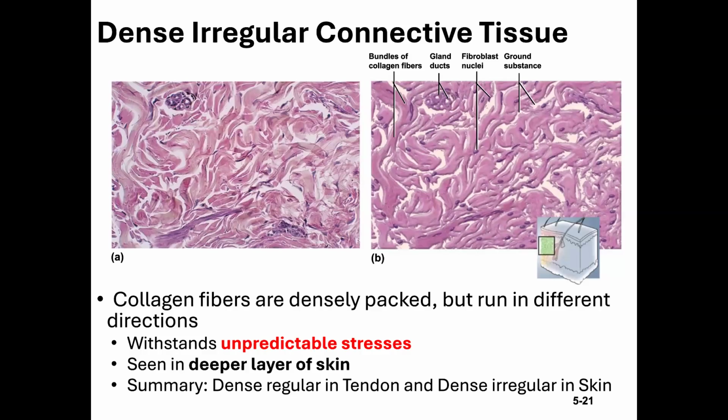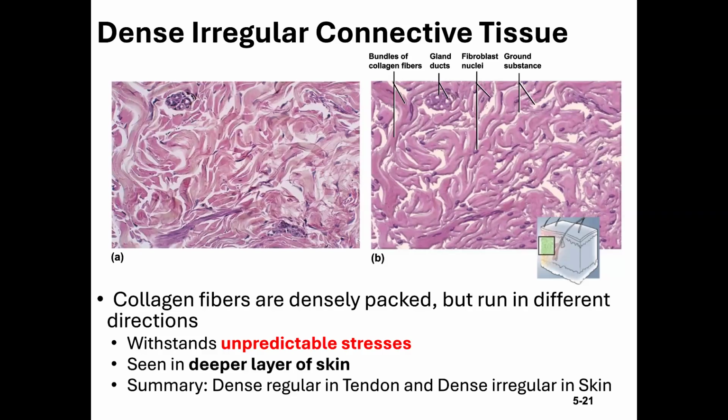Below that, the epidermis always rests on a layer of connective tissue, usually areolar connective tissue. And below that areolar connective tissue, you're going to see the dense irregular connective tissue, because otherwise the skin will peel off. You do this, it'll come off.